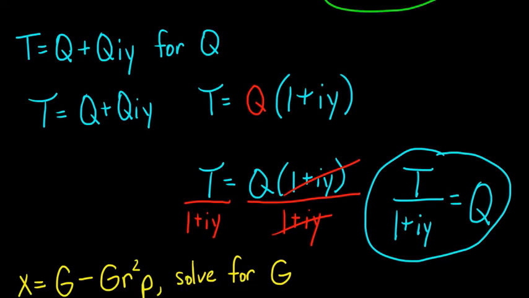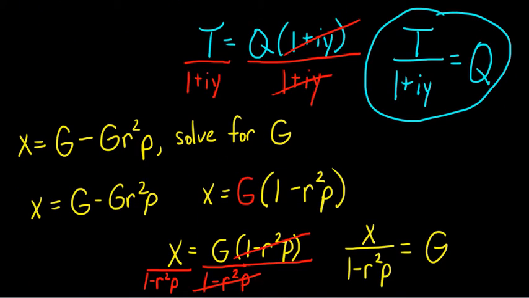All right, last one. Practice for your video is, ooh, we've got an exponent here. There's nothing scary about that. X equals G take away G R squared P. And you're asked to solve for G. Well, once again, I notice that both of these have G in common. So I can factor out a G, which I did right here.